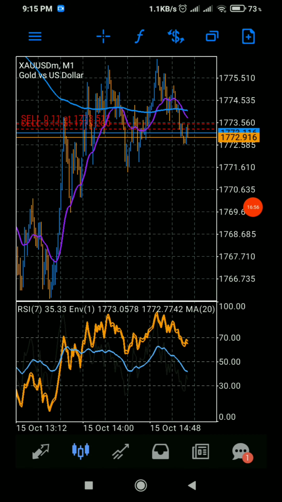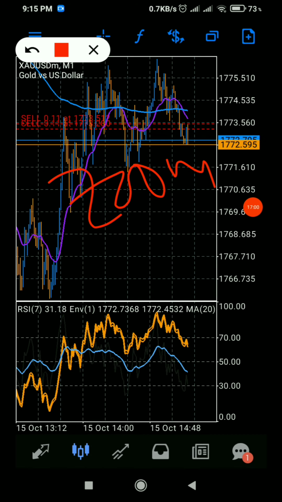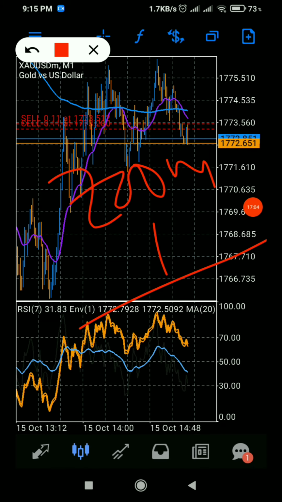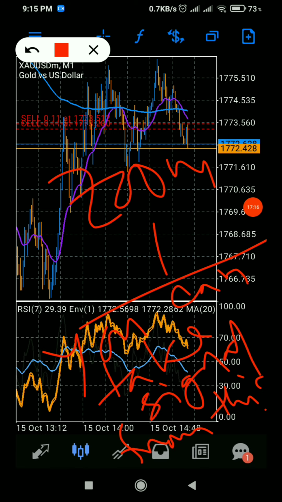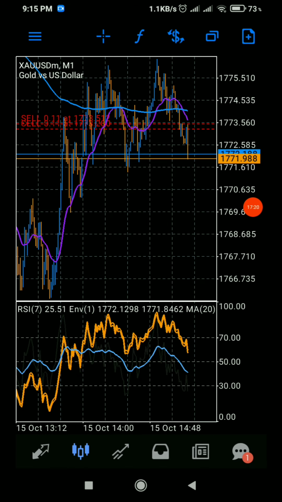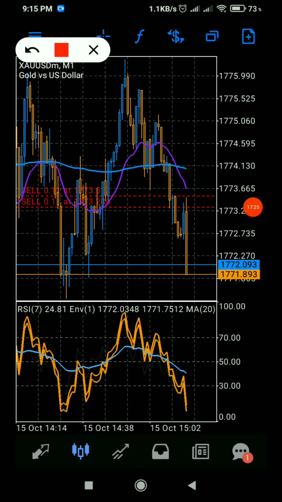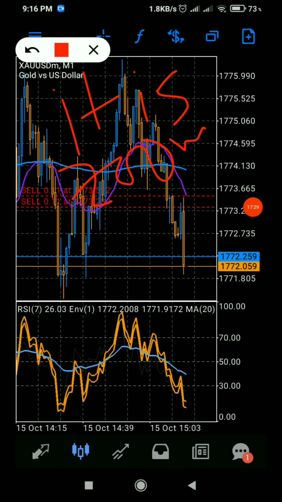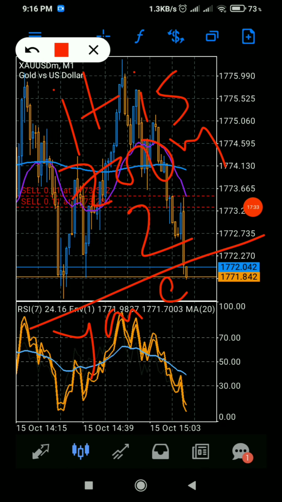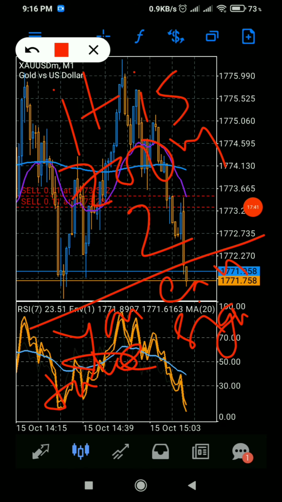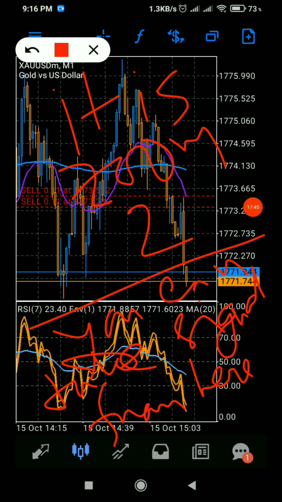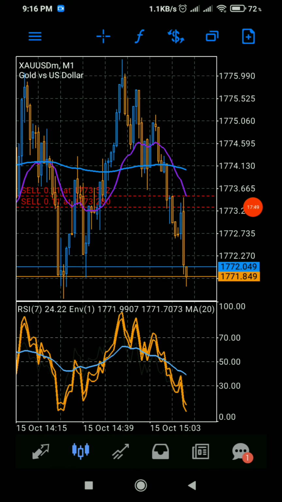So zoom 0 to watch the levels, and this is zoom 1. You can take signals from this zoom level. And it is zoom 2. You can also take entries or take signals from this zoom 2 level.